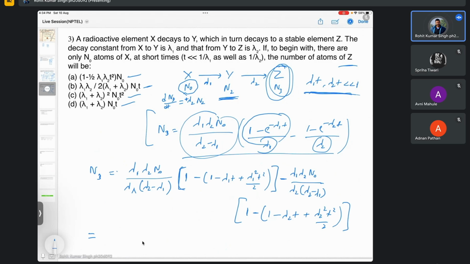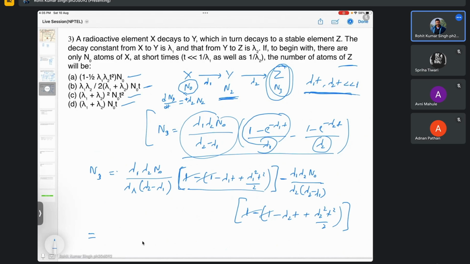Okay, let's simplify this. So 1 will cancel out here in both terms, and we will be left with two terms, right?